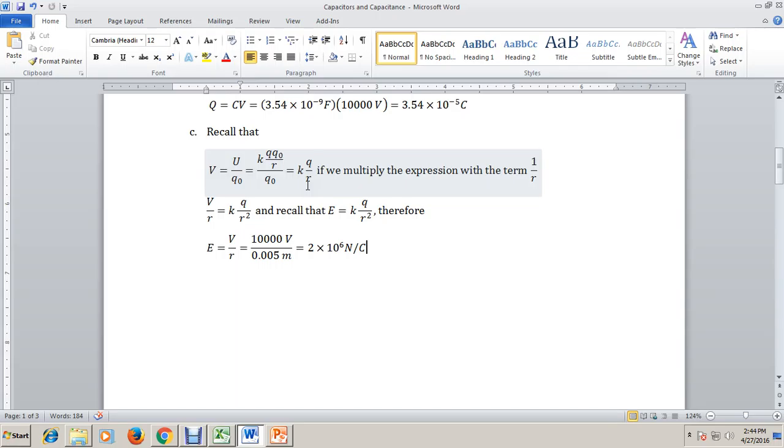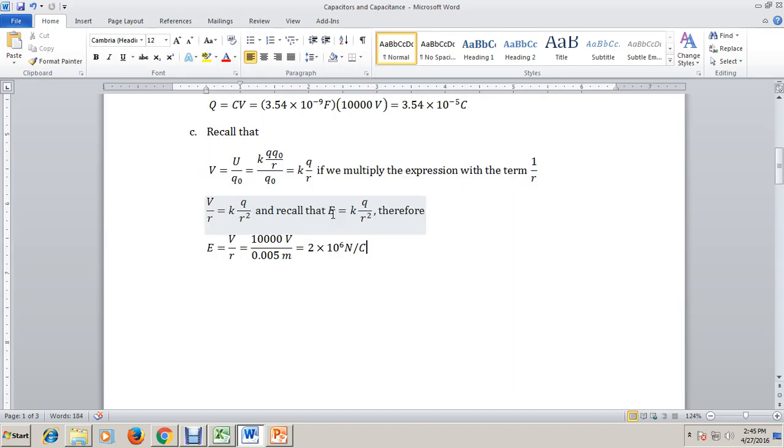Now, at this point of the discussion, although it is not immediately obvious, I need to mention that we already discussed from the topic of the electric field that the electric field has two forms.